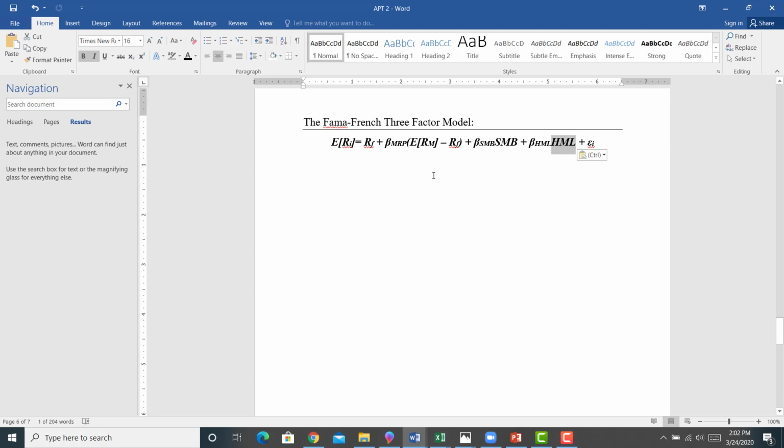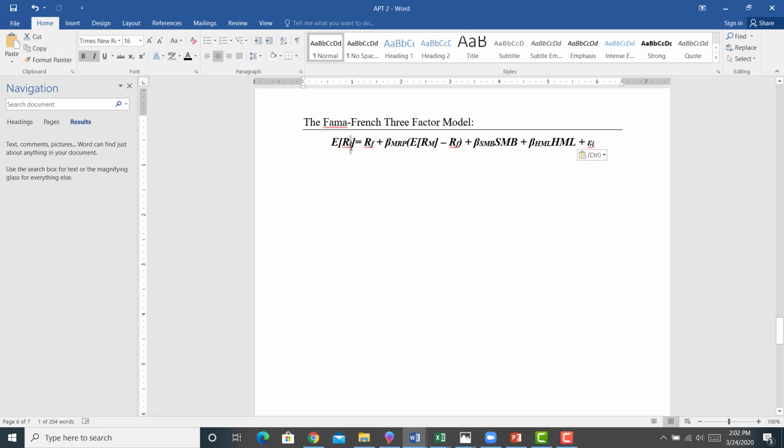Okay, so the Fama French three-factor model is made up of the following factors. The first is the market risk premium. The second is the SMB, small minus big risk factor, and the third is the high minus low risk factor. Notice that each firm is going to have some sort of exposure to each of these risk factors, and also notice that none of these risk factors have the subscript i.